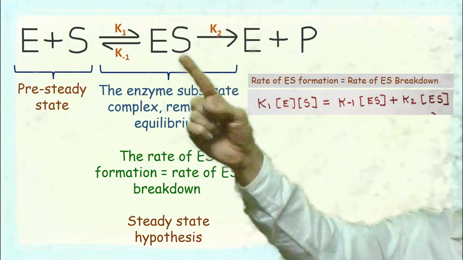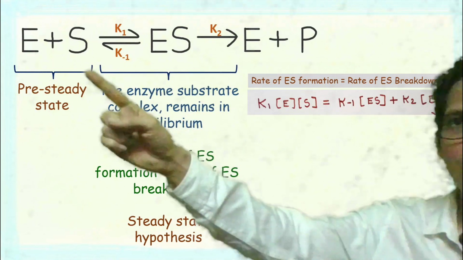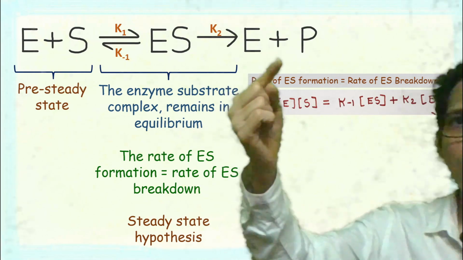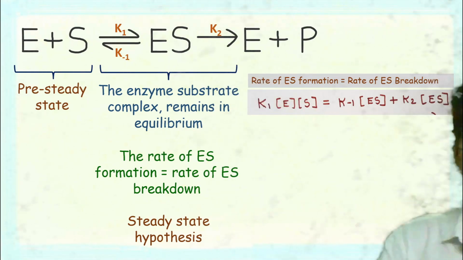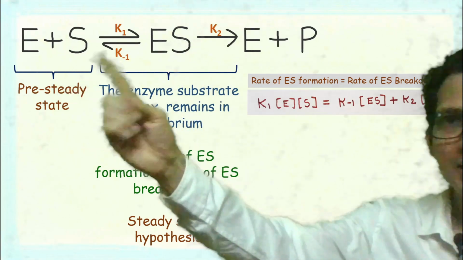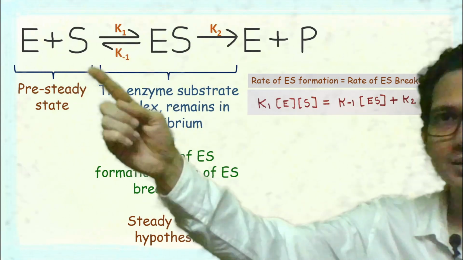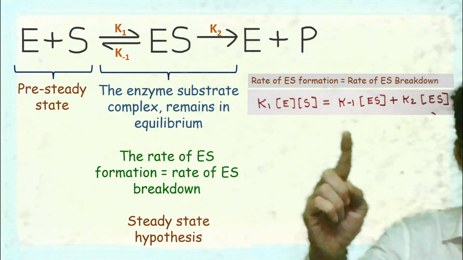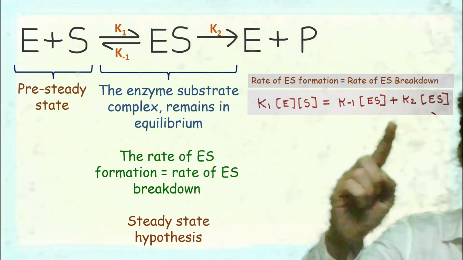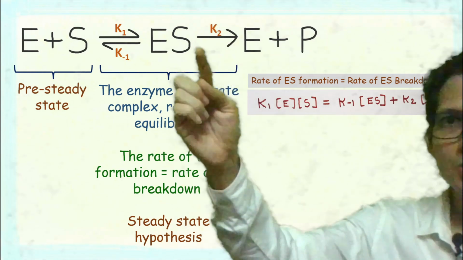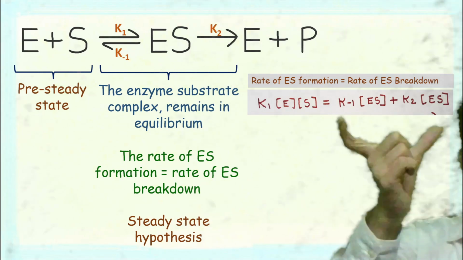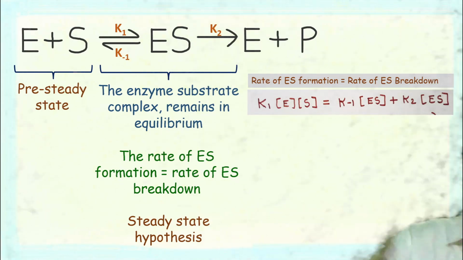ES is broken down in the reverse direction to form E and S, or this ES can be broken down to form E and P in the forward direction. So if this reaction goes in reverse, then the rate constant over here is K minus 1. So we write K minus 1 into ES plus K2 into ES. So this whole part represents breakdown of ES complex.